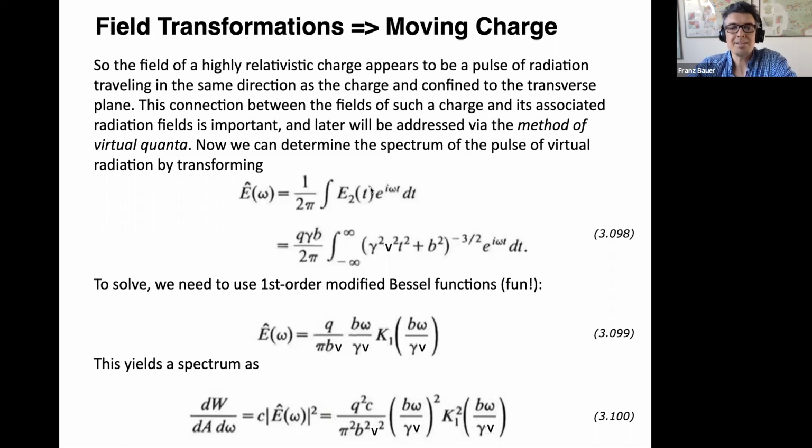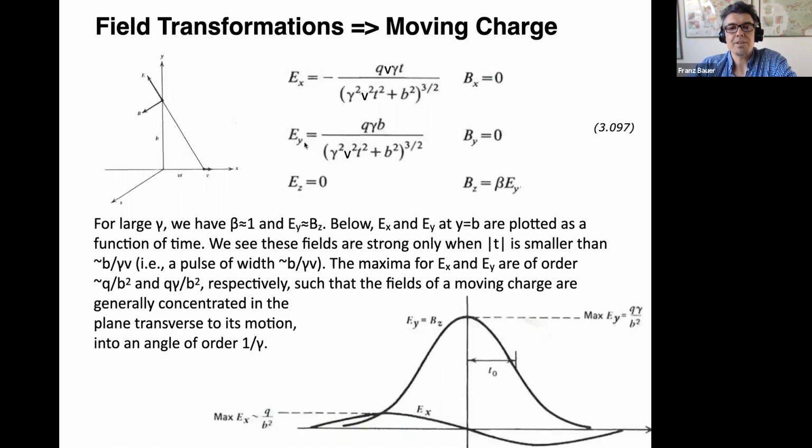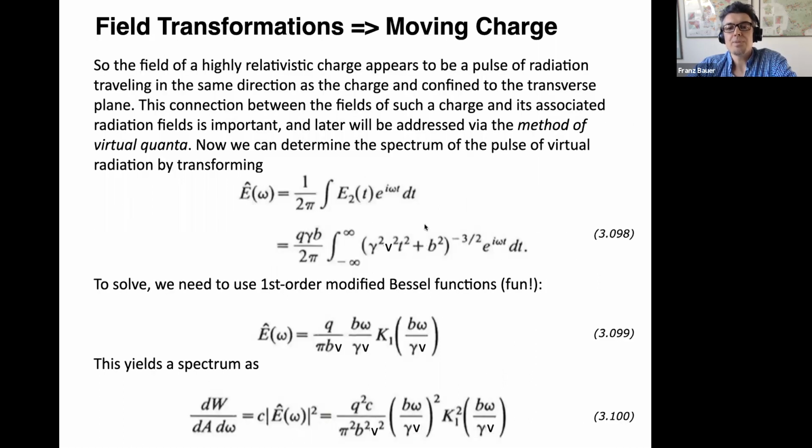Plugging in what we would have for our E_y here, we can move some of these out, which aren't time dependent. This has a time dependence, and this is not a pretty integral to do. It turns out that we need a first order modified Bessel function to deal with this. And so this integral turns out to have this sort of form.